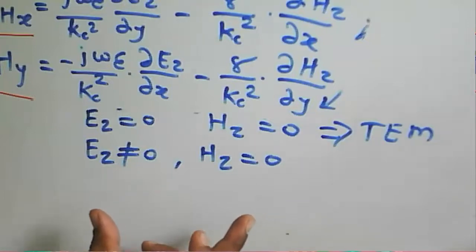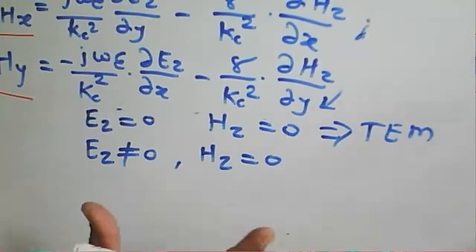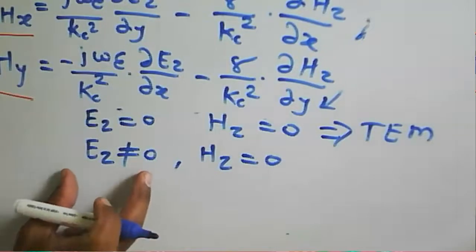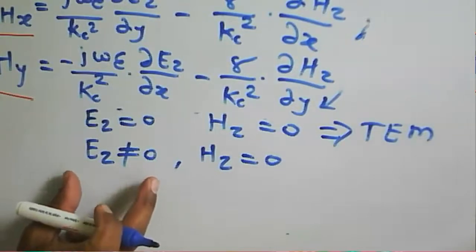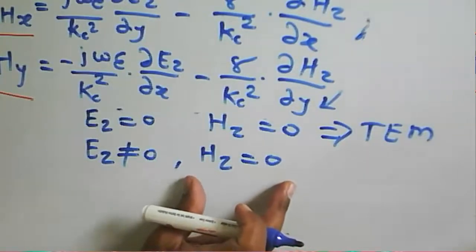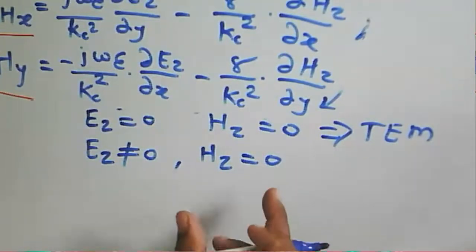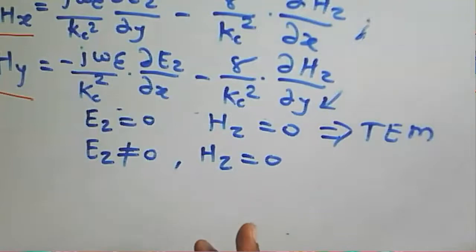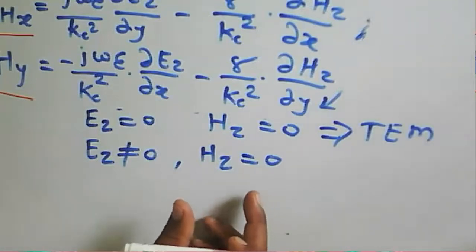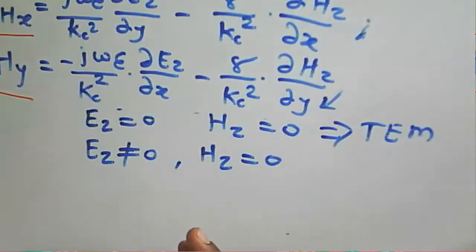There is a possibility of the existence of a wave because all the components are not 0. According to this equation, this indicates that there is a possibility of existence of a wave in the waveguide. Then what wave is propagating?